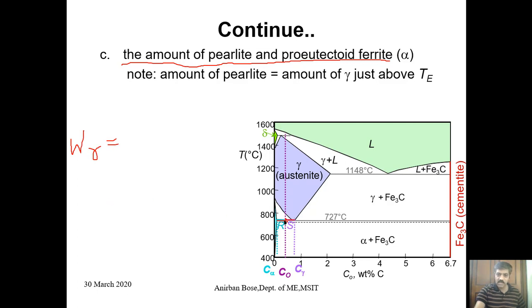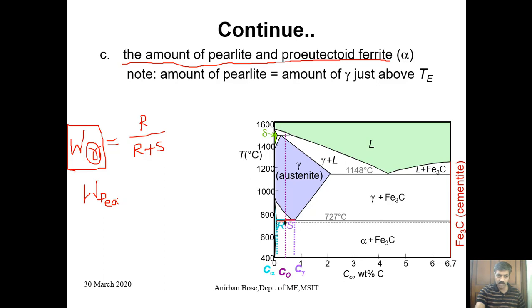So the austenite fraction will be, we have to take the opposite term. What is the opposite term to austenite? That is R. R by R plus S. That is the total weight. And this austenite, remember, actually converted into pearlite. So this is nothing but the fraction of pearlite present.